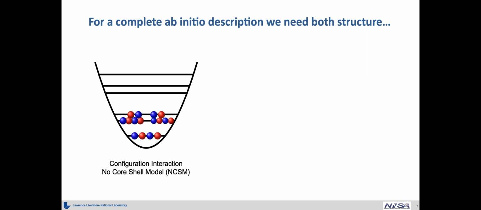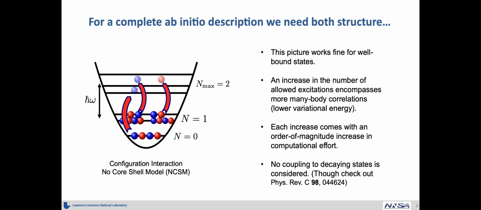This will make the lowest Pauli-allowed state, and then progressively allow more and more excitations out of that closed core with the least amount of energy. As you allow more and more excitations, the problem is that this becomes much more computationally difficult. So realistically, while we would like to have an infinite amount of excitations, we truncate this at some point and we say, fine, this is the Nmax truncation that we're going to make.